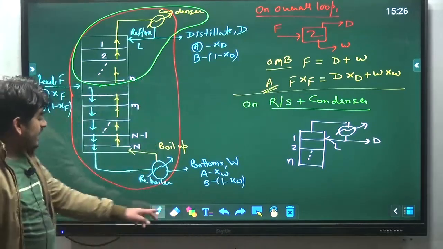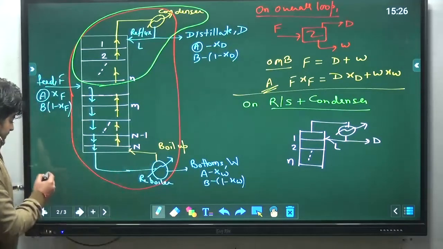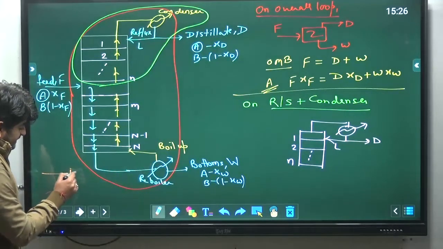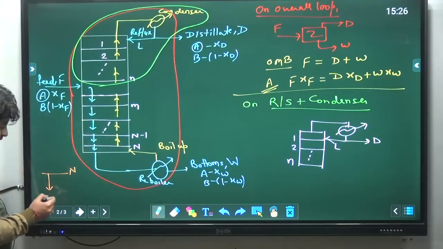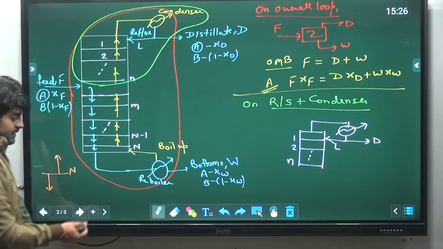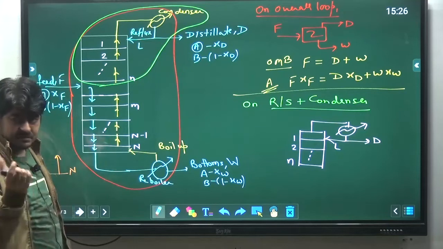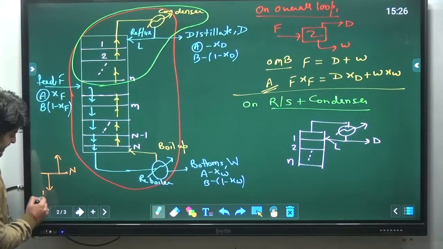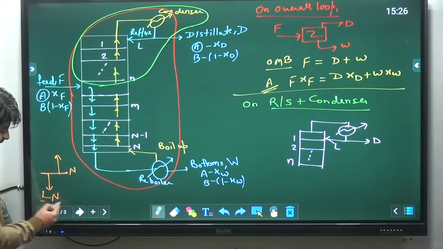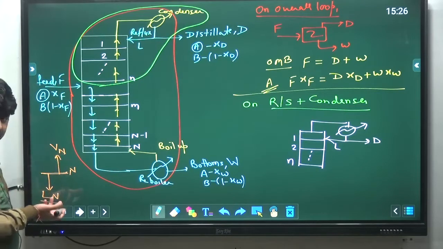Okay, so here how we represent the notations, I hope all of you remember. See, if this is the nth stage, the stream leaving this stage will be denoted based on the number of that stage. So this is the nth plate. The liquid leaving the nth plate will be denoted by Ln, and the vapors leaving the nth plate will be denoted by Vn.